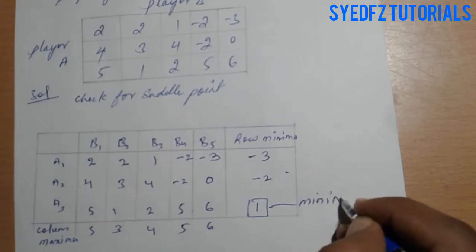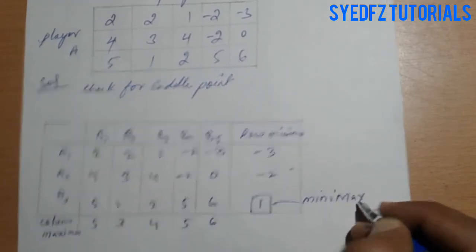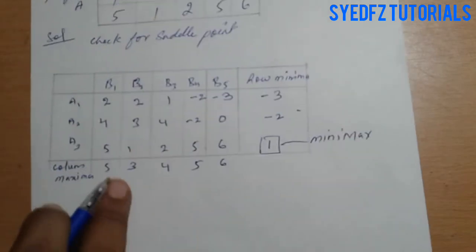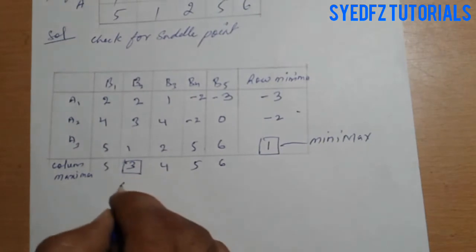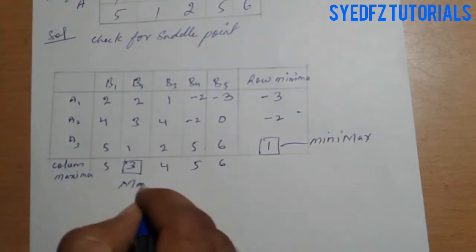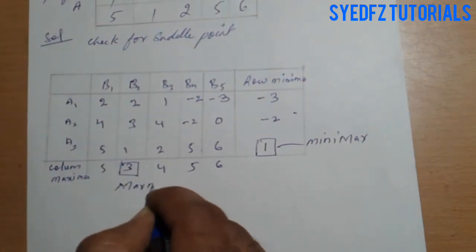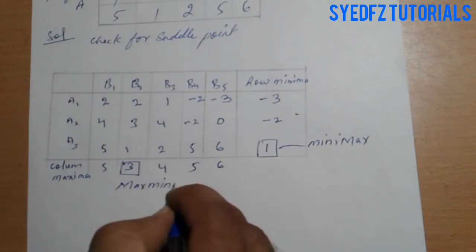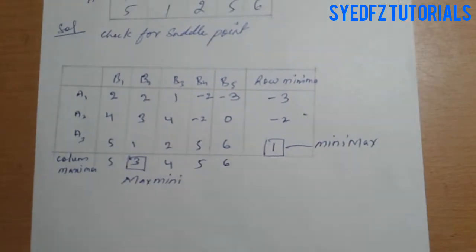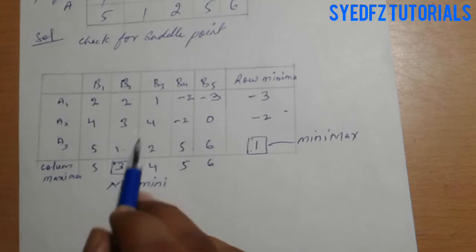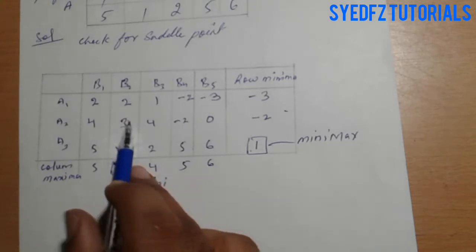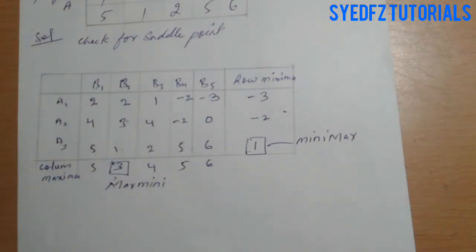We are not getting any saddle point because from here we got 1, but from here we got 3, so there is no saddle point, and we have to go for the dominance way.